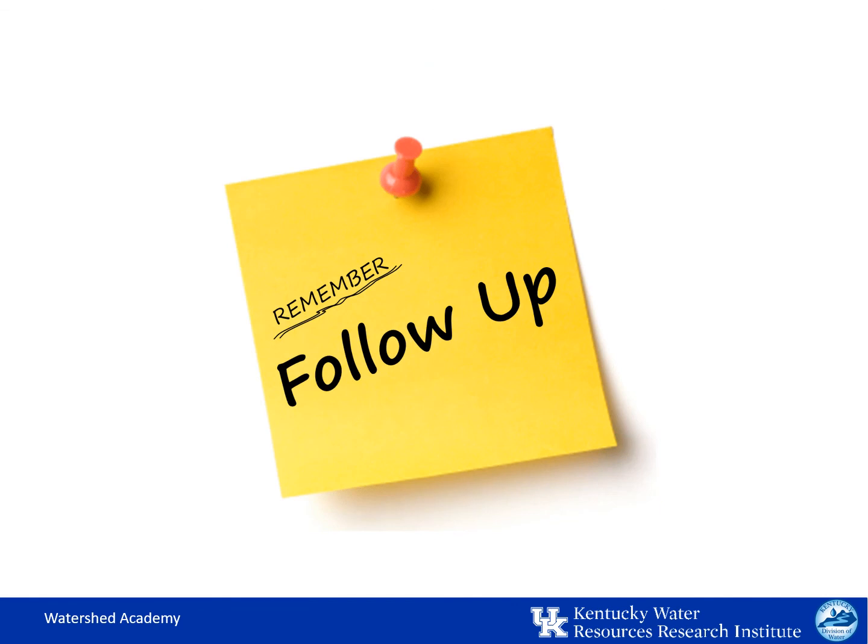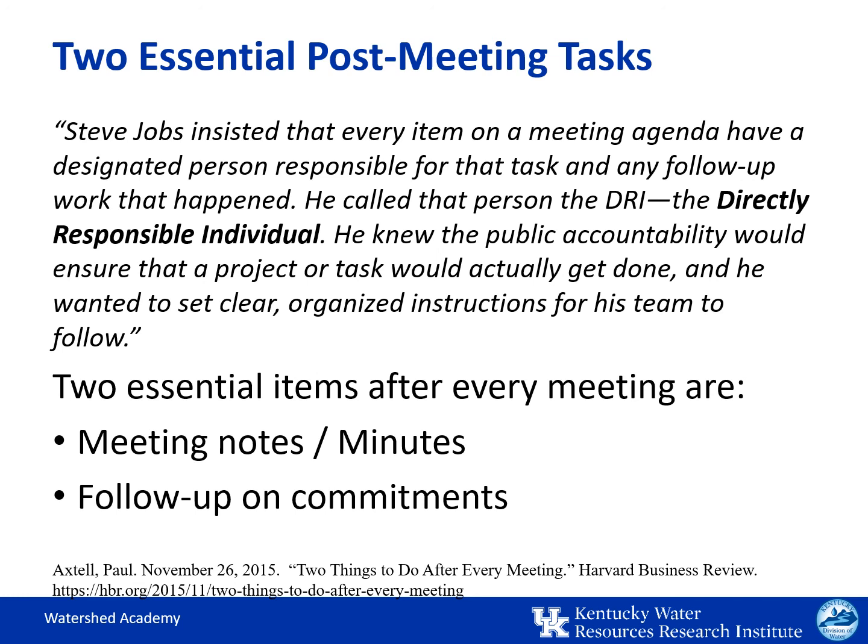Okay, in the final portion of this meeting, we want to touch on how you follow up after a meeting is completed or at the end of the meeting. According to a Harvard Business Review article, Steve Jobs, one of the more well-known entrepreneurs in America, had two essential post-meeting tasks.